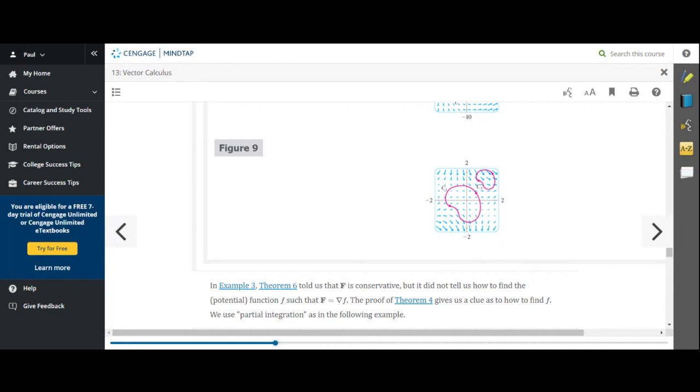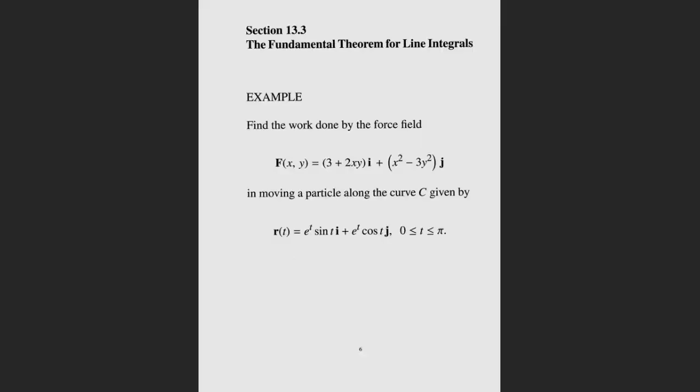Okay, let's go ahead now and do a few examples here. Let me give you a moment to copy this example down.